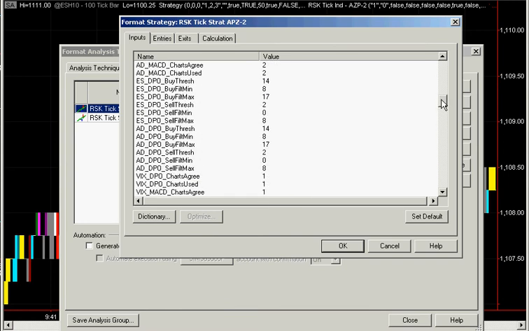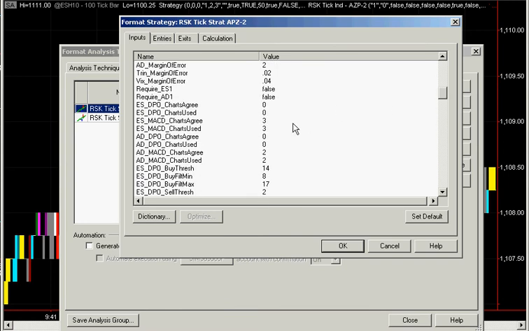And in this particular case, what we're asking for is at least 3 out of the 6 charts in total have the MACD in agreement in terms of its trend on those 3 market internals.